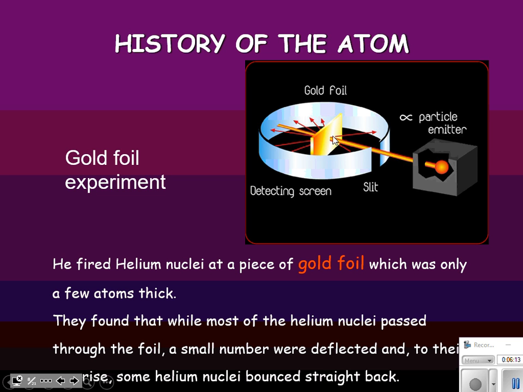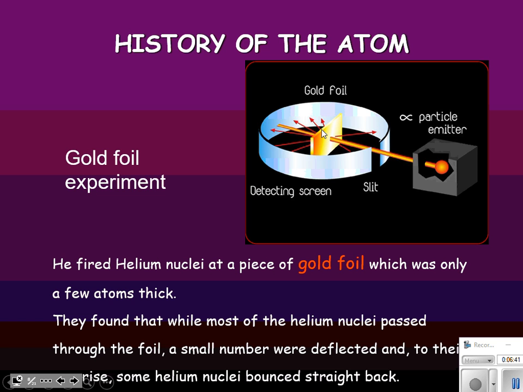But what he found was that these helium nuclei would bounce off and deflect off of the gold foil. So he said there was some dense material causing the helium nuclei to bounce off of the foil.